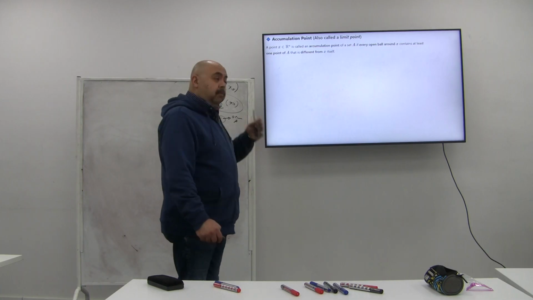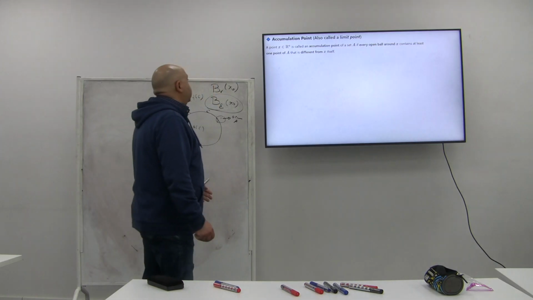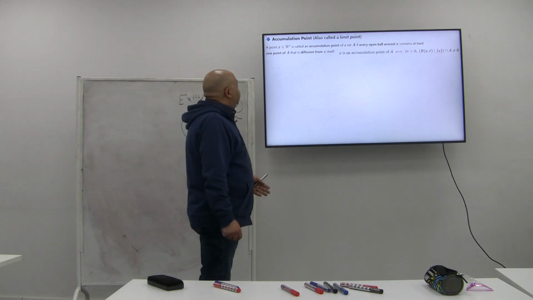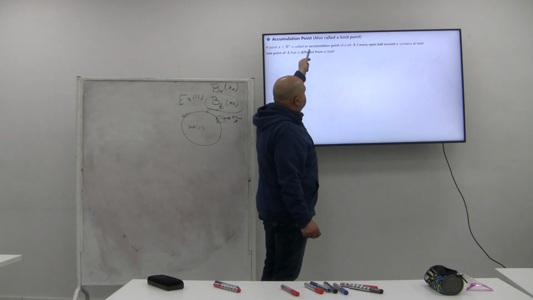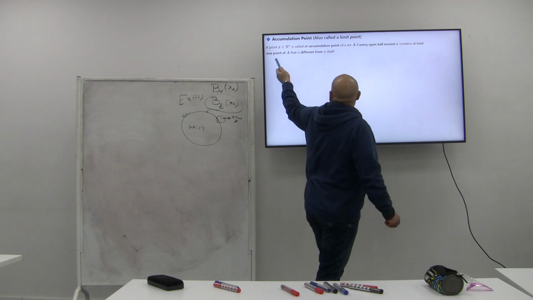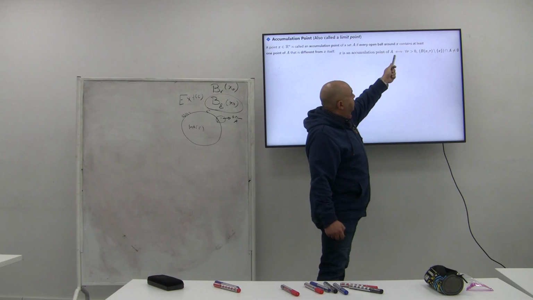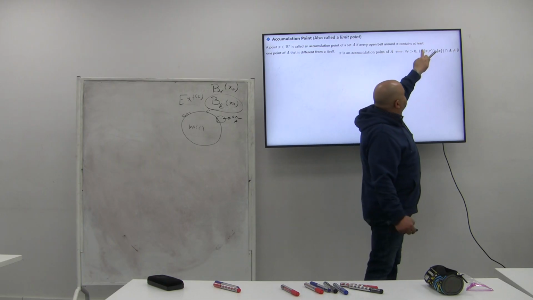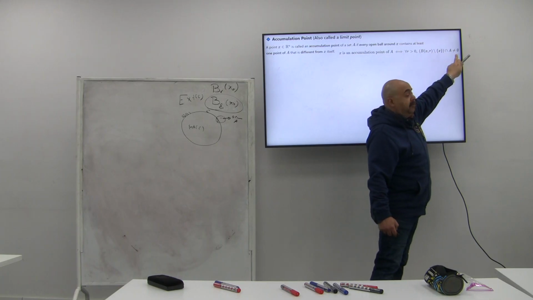Here are, once more, the definitions and more clarification about accumulation points. It states that any point x belonging to R is called an accumulation point of set A if every open ball around x contains at least one point of A. That means every open ball around x, excluding x itself, intersected with A doesn't equal the empty set.